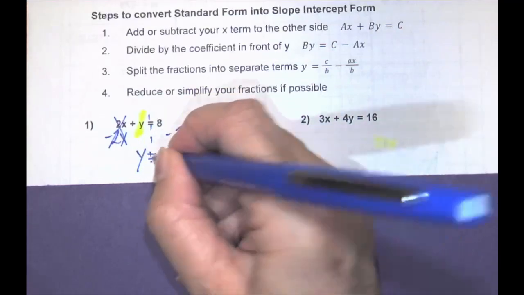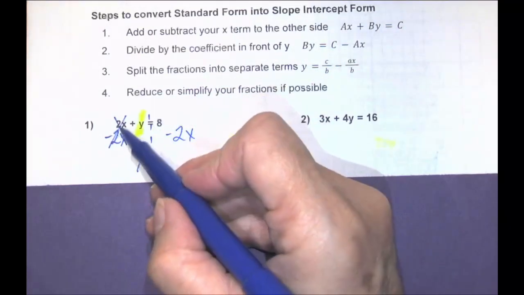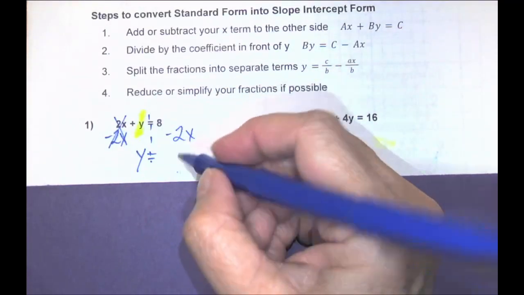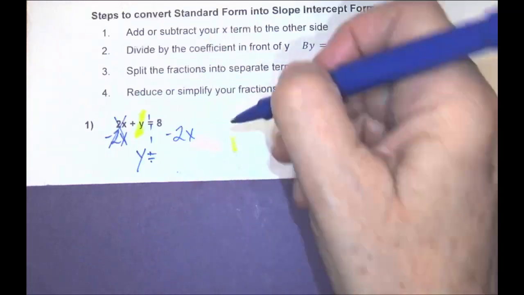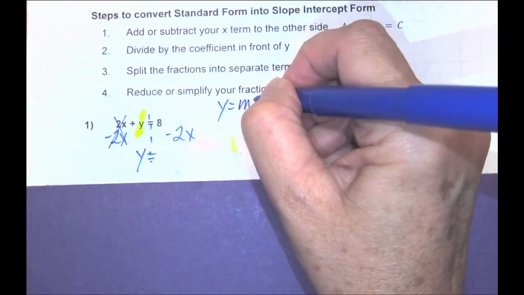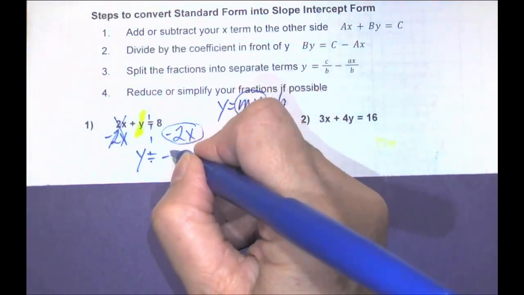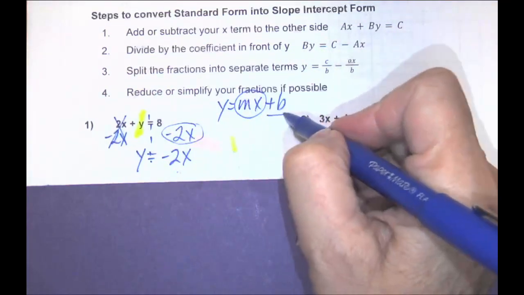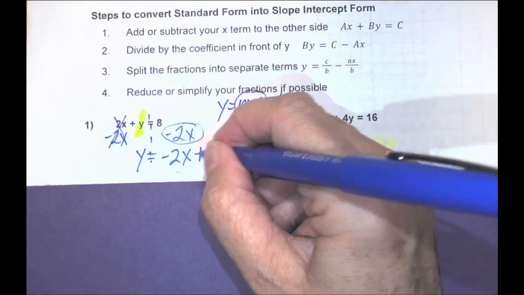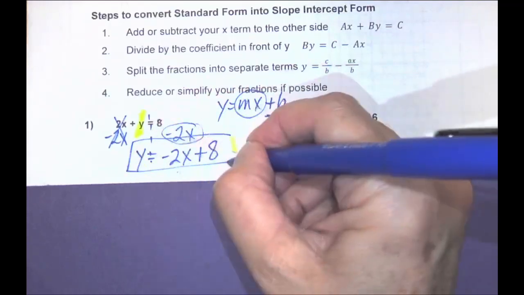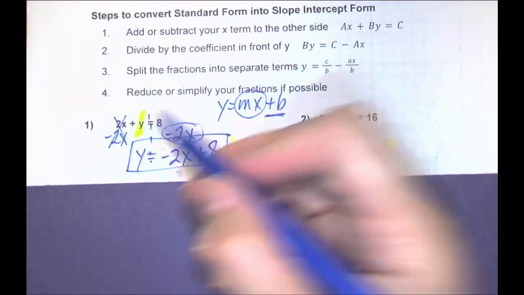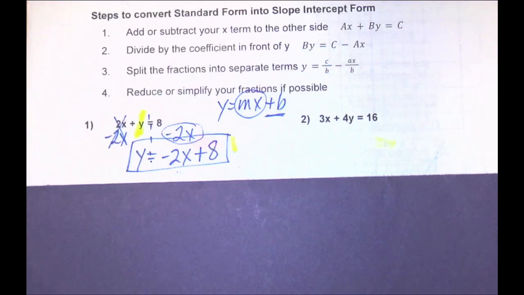No, you can't really subtract. So all you did really was rewrite it. Now, remember we're trying to get y equals mx plus b, so I want that x term first. So I'm going to put my negative 2x first. Then I want plus b. 8 is positive. So I put plus 8. This one was 1 step because now y is alone. There was nothing in front of y to divide by.